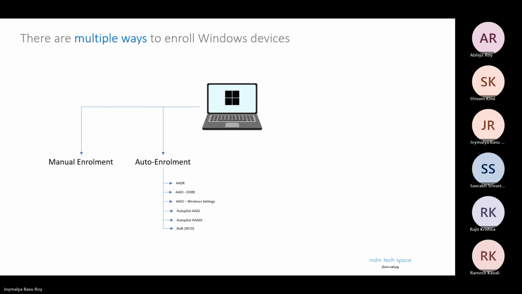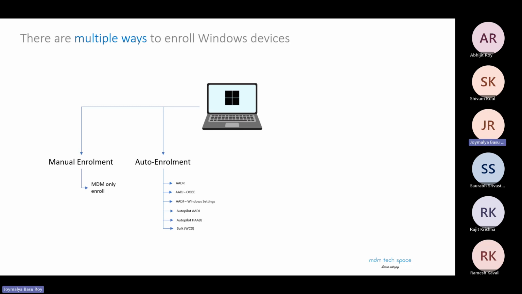So if the device is already registered or joined, the only thing you can do to get that device enrolled manually, if automatic enrollment has not happened, is via an MDM only enrollment, an option we work with very little.